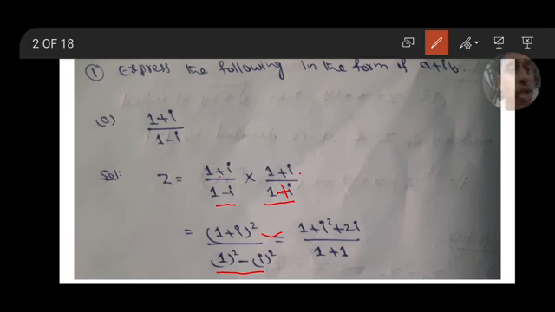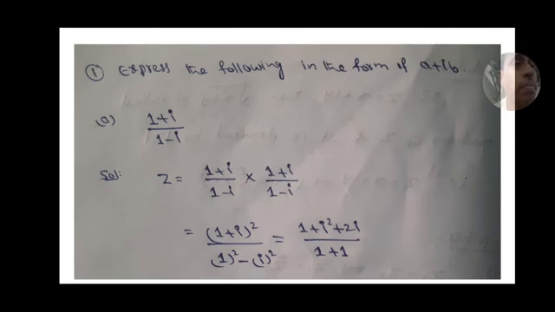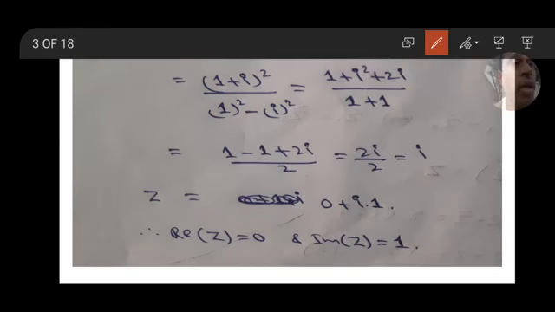So simplification, (a plus b) whole square, a square plus b square plus 2ab. 1 square means 1, i square means minus 1, 2ab that is 2i. In the denominator, 1 square minus i square, and this minus and this minus will cancel out, so 1 plus 1 is 2. Since i square equals minus 1, 1 minus 1 plus 2i, and 2i by 2, the 2 cancels, we get i.